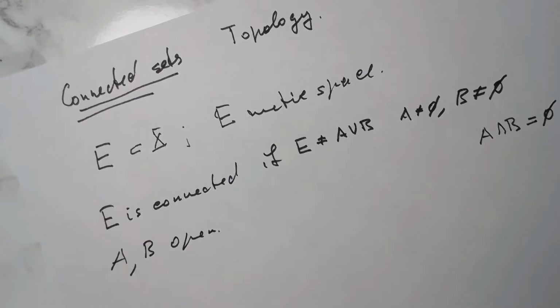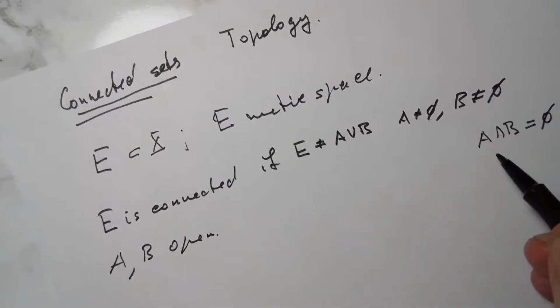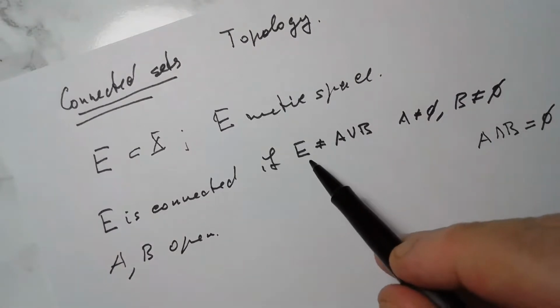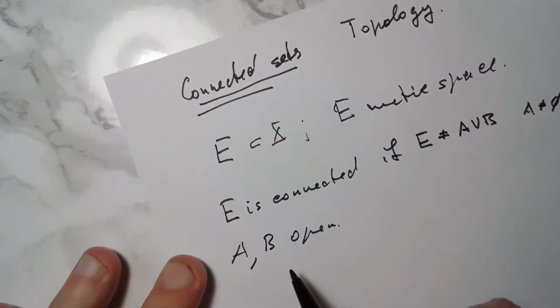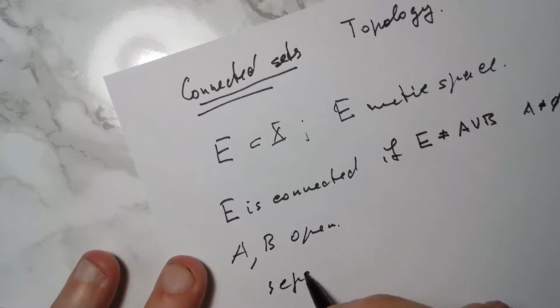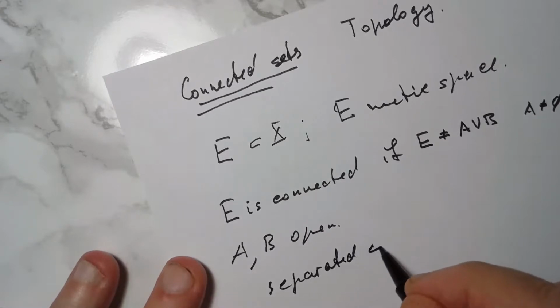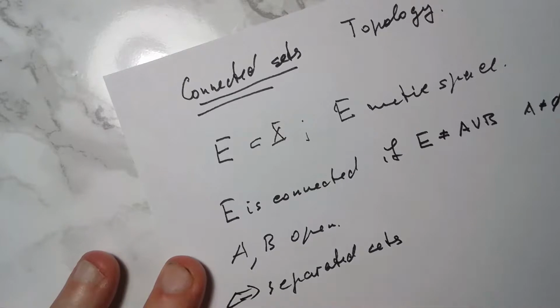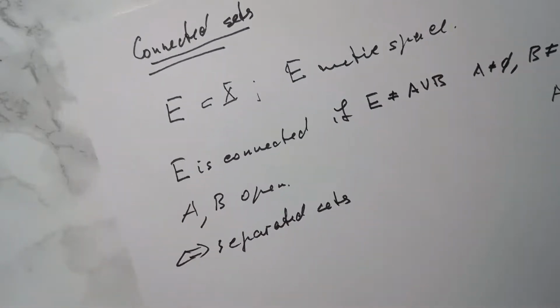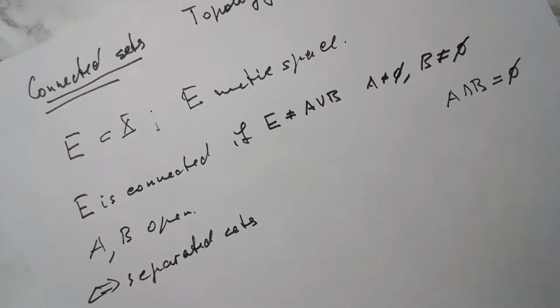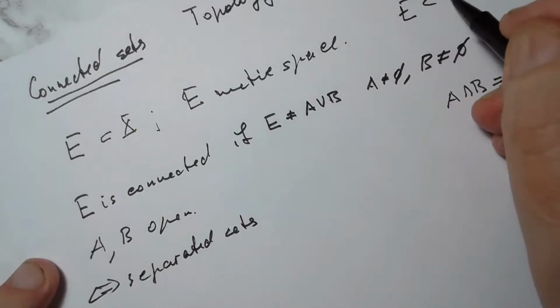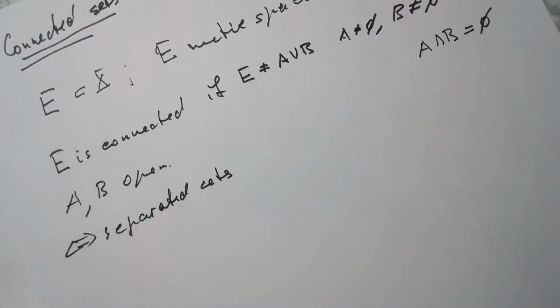So when we talk about open sets now, I'm not talking about open sets in X like I did in the main course, but about open sets in this particular metric space E, and this definition is actually equivalent to the definition with separated sets. Rather than dealing with the relative topology of the set E, in this course Rudin decided to deal with the topology of E as a subset of a metric space X, and this is probably better for analysis.